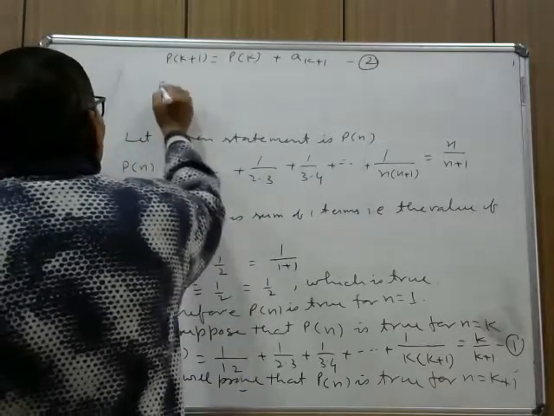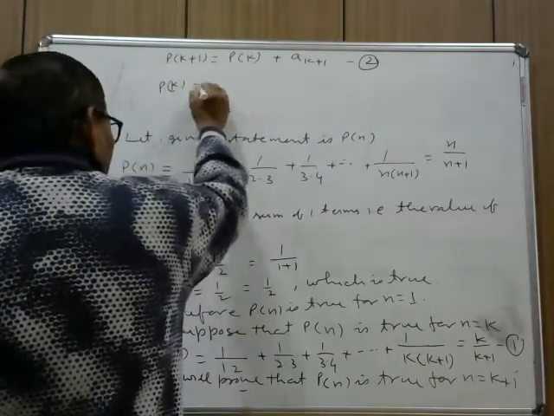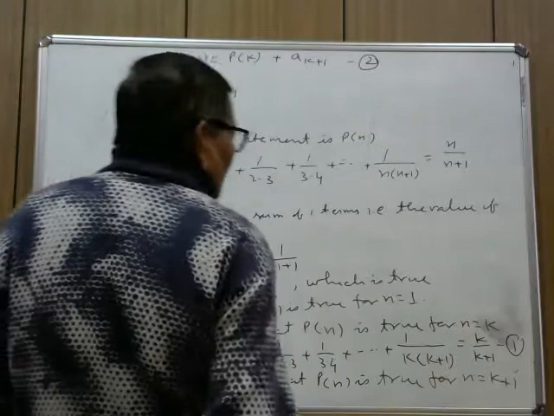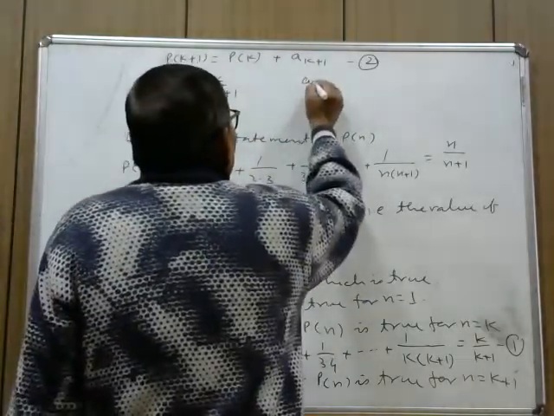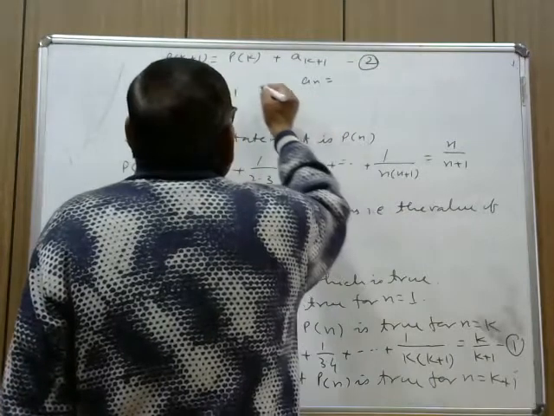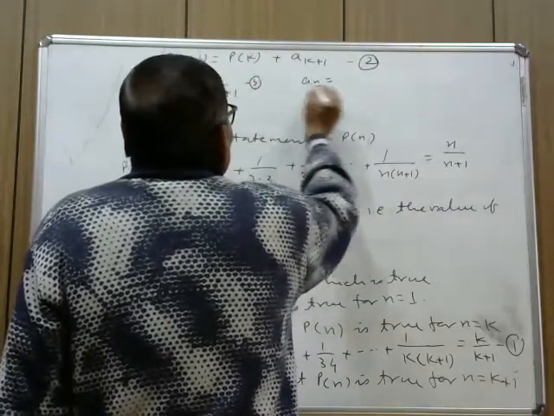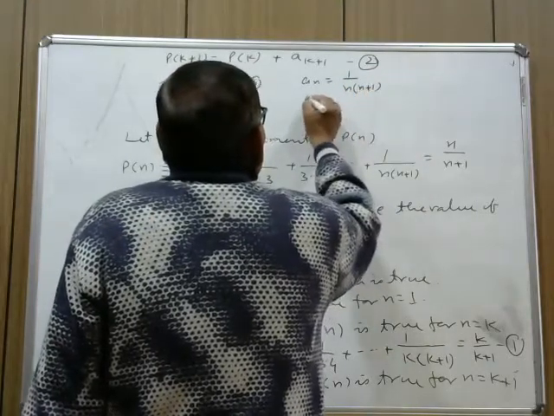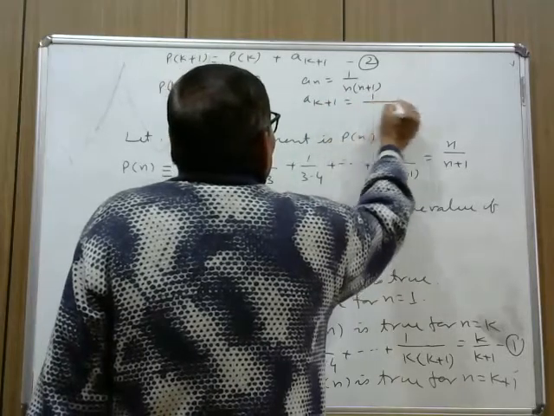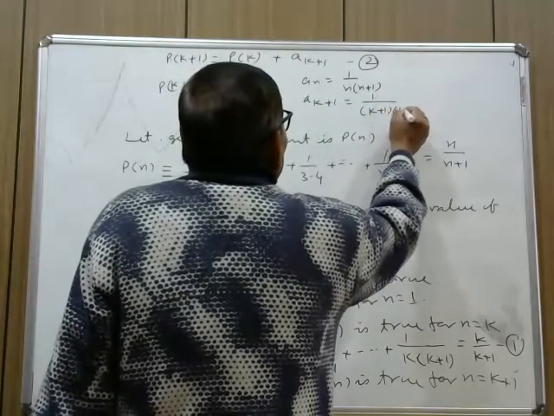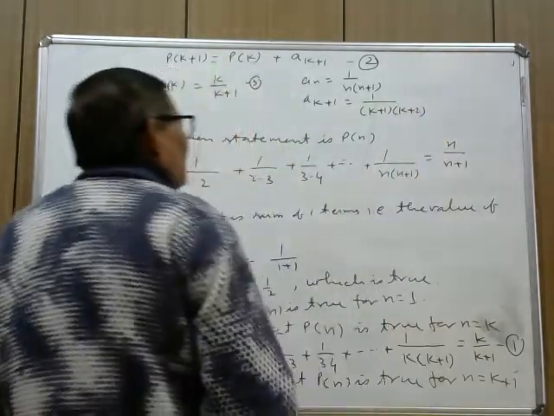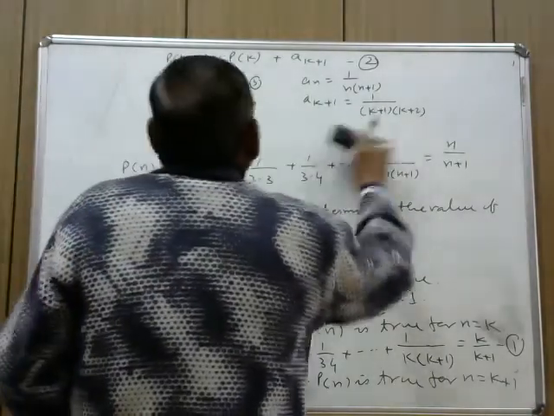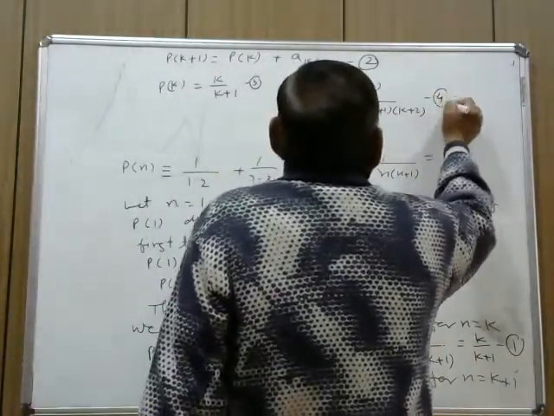Now your Pk, sum of k terms, is equal to k upon k plus 1, this is 3. Your nth term is 1 upon n into n plus 1, so k plus 1th term is 1 upon k plus 1 into k plus 2, and this is 4.